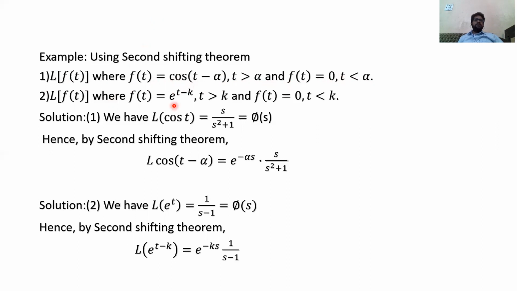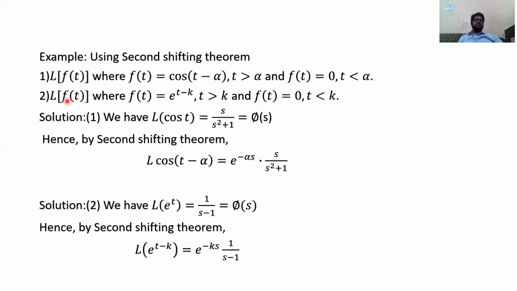First of all, take the function cos t and find its Laplace transform. We know that Laplace of cos t equals s upon s squared plus 1, and I take this as phi of s. By the second shifting theorem, Laplace of cos of t minus alpha equals e raised to minus alpha s into phi of s, where phi of s is s upon s squared plus 1.